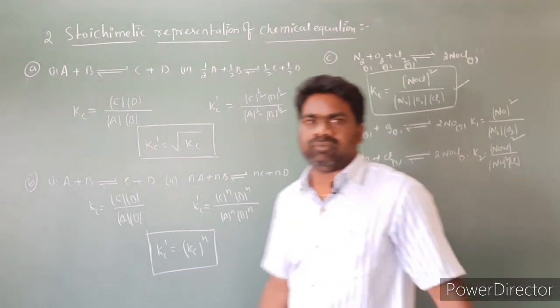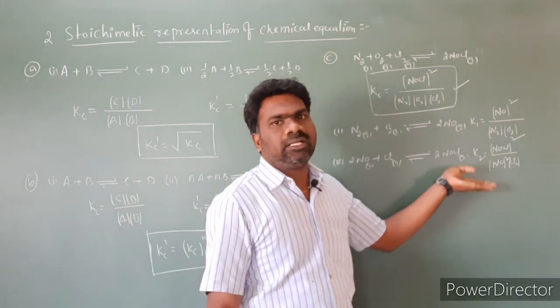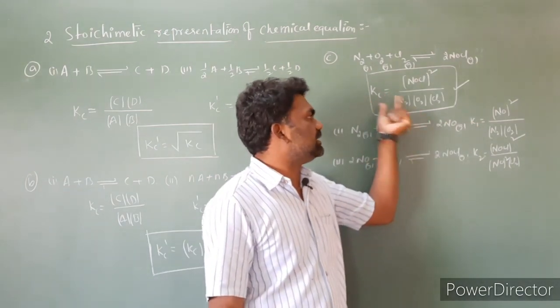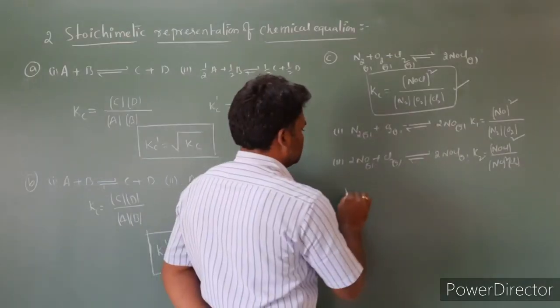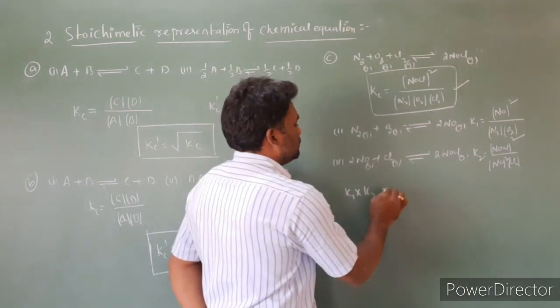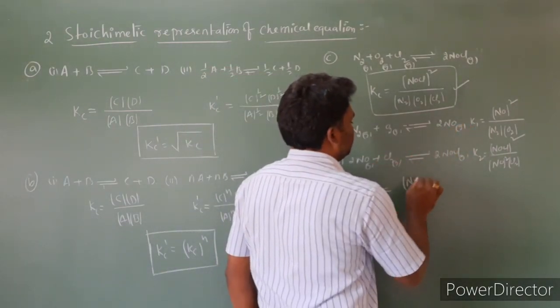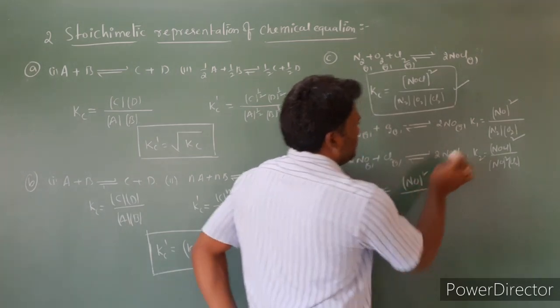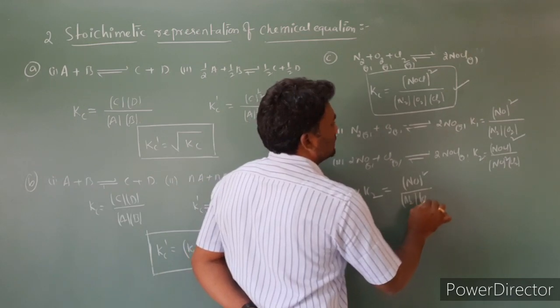Now our aim is to find out the relationship between Kc, K1 and K2. So we have to find the relation between Kc, K1 and K2. So here I am taking K1 into K2. What is the K1 we have? K1 is equal to NO concentration power 2 by N2 concentration and O2 concentration.